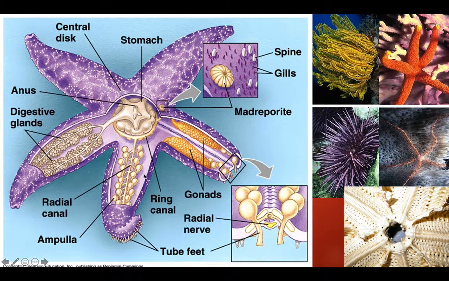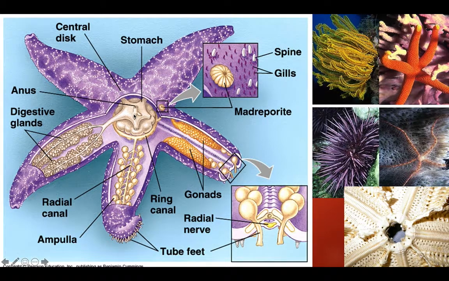As the pressure increases, because it has a lot more water, it will push out those tube feet. And then those tube feet can be used, in this case, for movement. This is the class Asteroidea, which should be the first one we go over. But the tube feet can look different depending on the class and can be used for different things depending on the class. So in this instance, these tube feet are going to be used for movement.